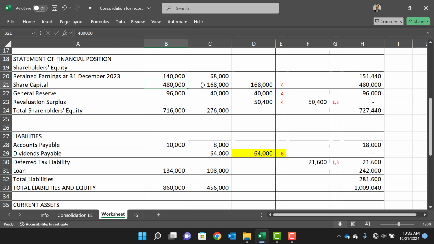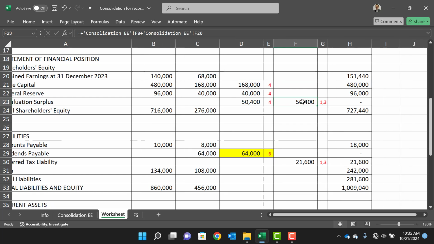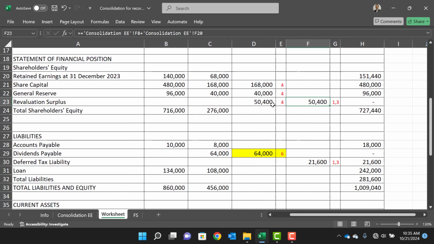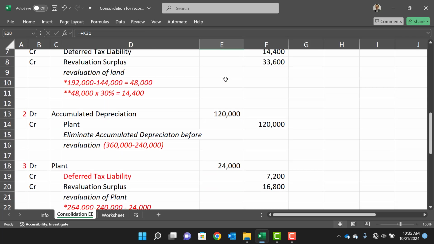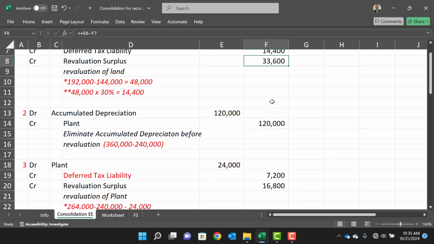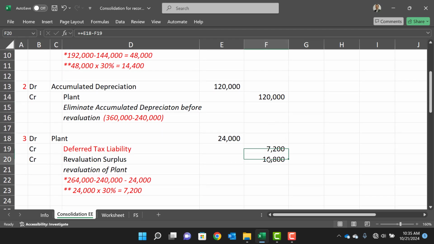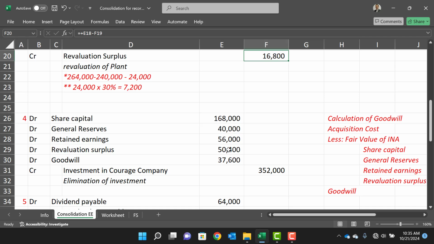Now, share capital: we have this for both companies. We eliminated the share capital of the subsidiary, the reserves, and also the revaluation surplus. Remember when we did that in the consolidation worksheet, you can see here we have revaluation surplus, which is credited here, but in the elimination we debited it.